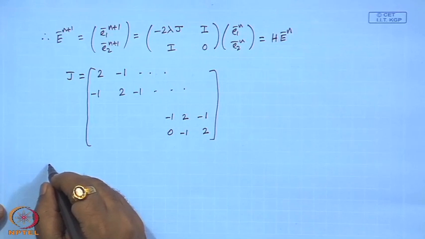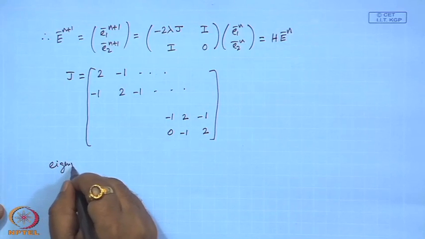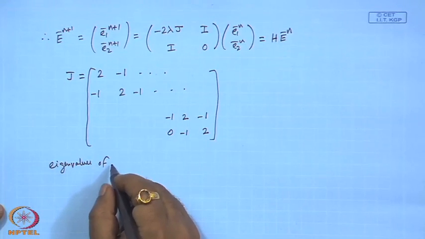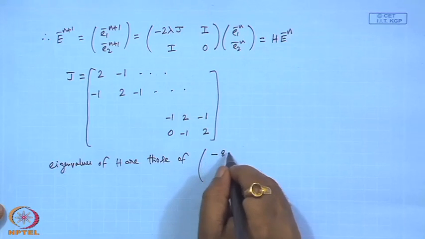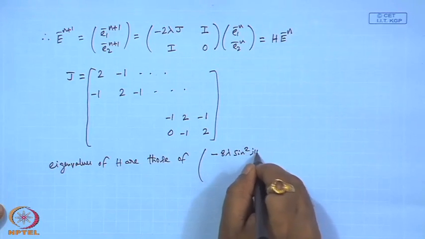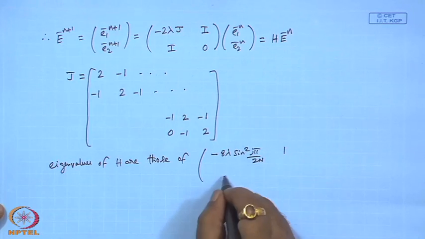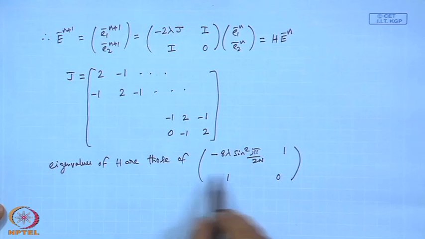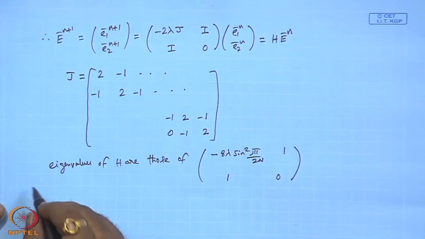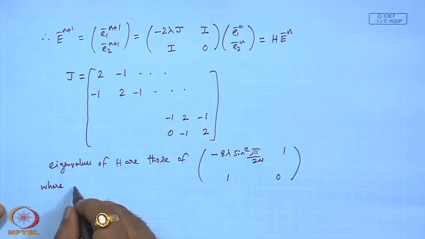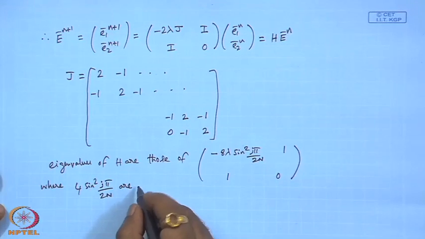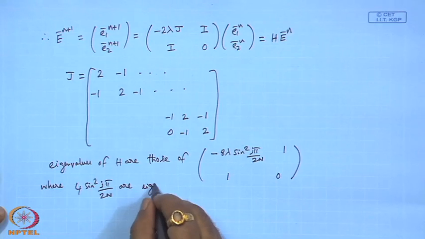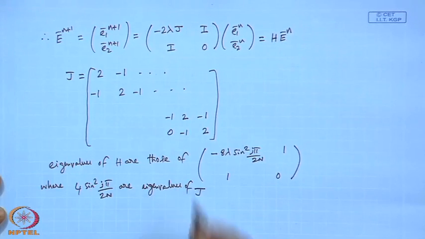Then eigenvalues of H are those of this matrix, so these are eigenvalues of J.